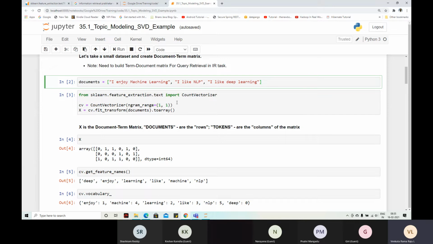If you apply SVD on that word-to-word relationship matrix, then you get topics. Do you agree? Should I repeat? Do you understand the concept?